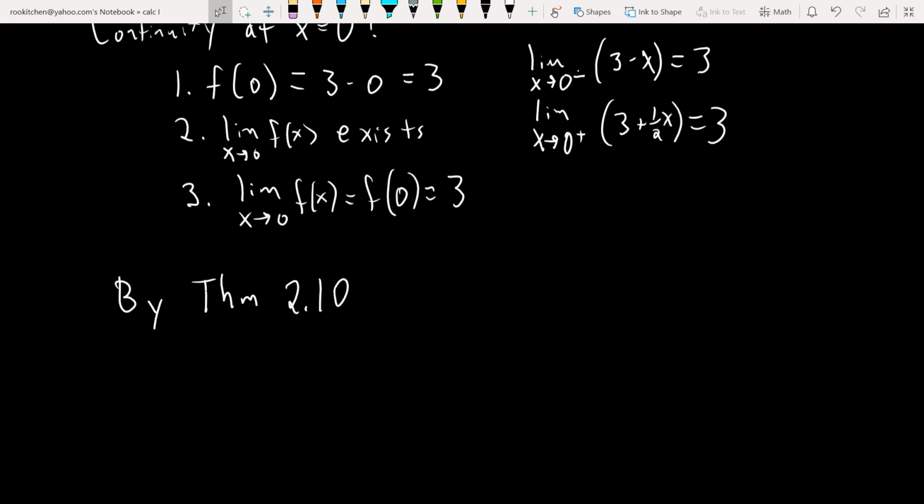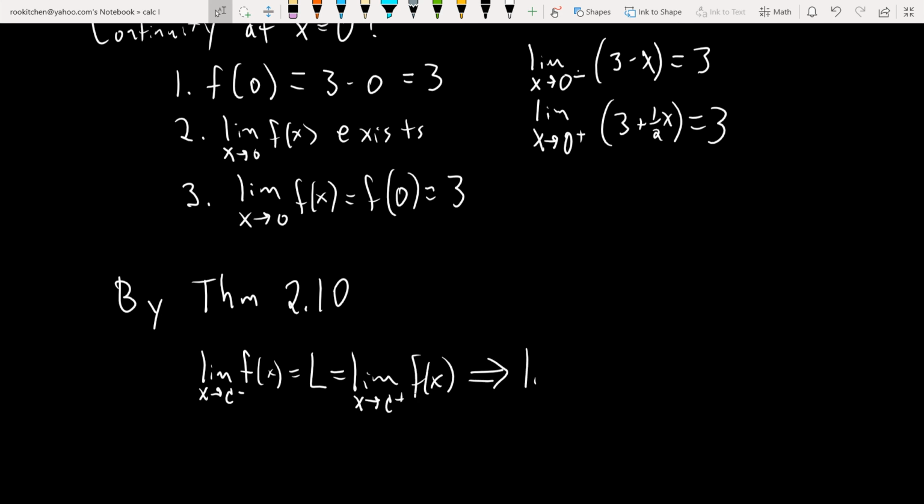Yeah, which basically says if the limit of f as x approaches c from the left equals some number L, and that equals the limit of f as x approaches c from the right of f of x, that implies the limit of f of x as x approaches c also equals that L. We would still have to deal with the issue that L is f of c, but clearly it is.